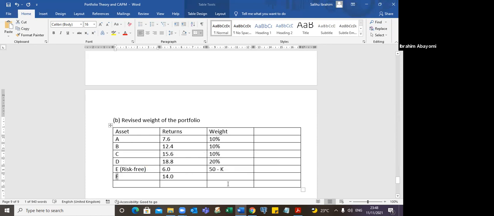So the market portfolio will now have K. It's like I'm removing K from this one and putting it in the market portfolio.